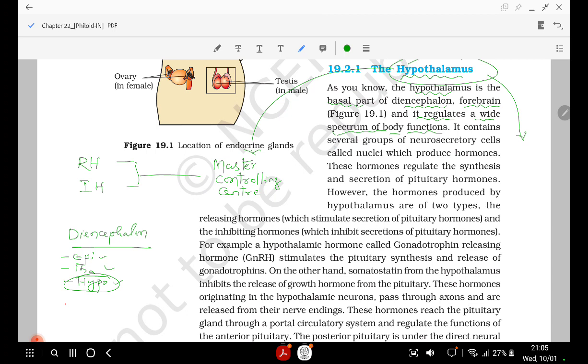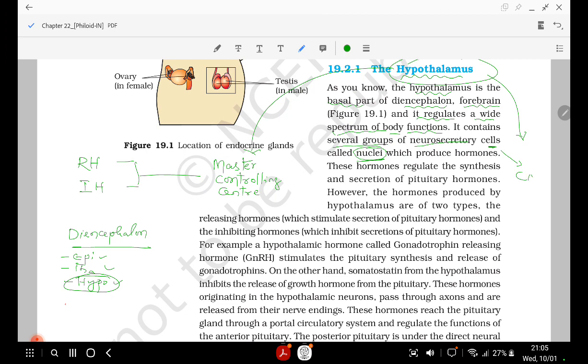It contains several groups of neurosecretory cells called nuclei. Here it is also very important. Neurosecretory cells in case of central nervous system means neuronal cell bodies.